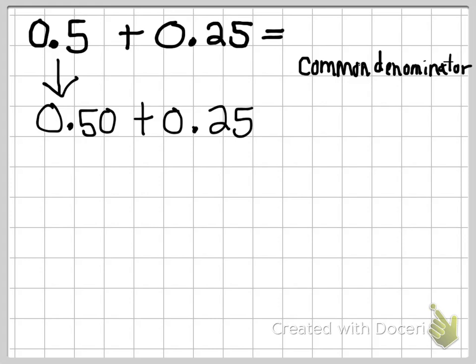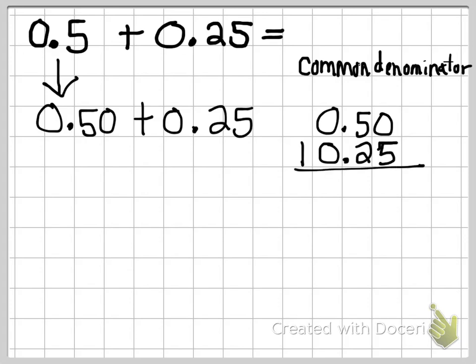And that's pretty easy to do. You could almost do that in your head. It's always good to double check your work. I lined up my place values. And that's 75 hundredths.